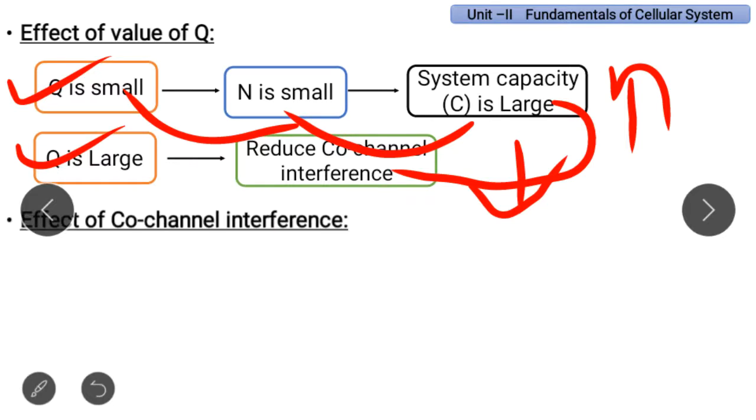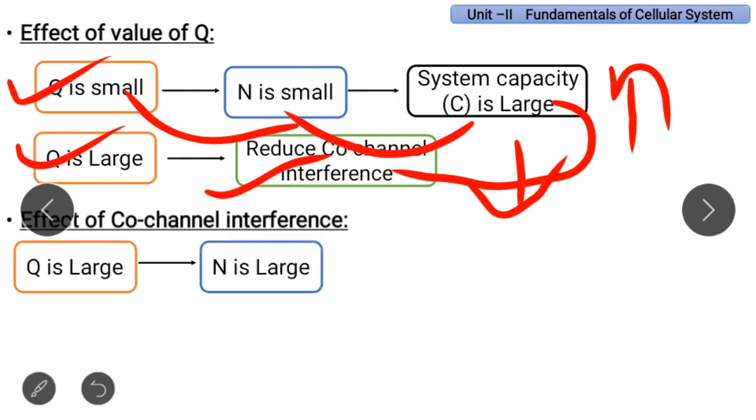Okay, next is the effect of co-channel interference. What is the effect of co-channel interference? If q is large, what will happen? It reduces co-channel interference, but also n is large. We have to keep n large.